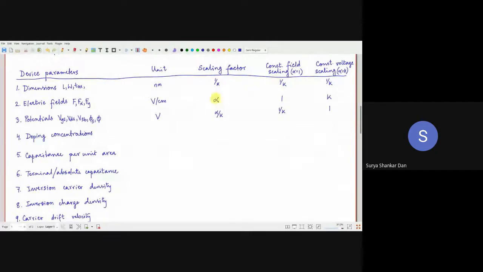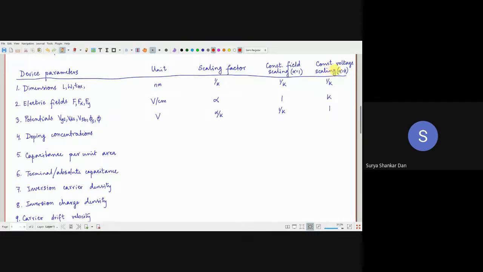Why? As you can see here, for constant voltage scaling, that means when the terminal voltages are remaining the same, in the 180 nanometer node, we know that the VDD is 1.8 volt. In the 7 nanometer node, it is 0.67 volt or say 0.7 volt. So from 1.8 it is going to 0.7. Why are we reducing the supply voltage?